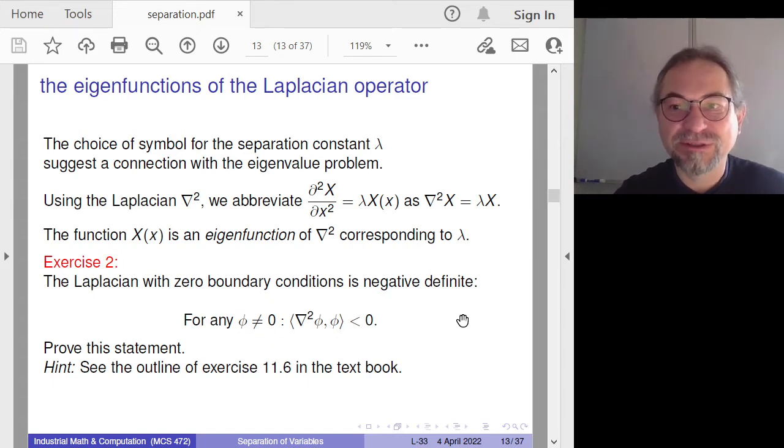We actually now look at functions. The solutions that we are going to find are called eigenfunctions. So we will have many eigenvalues, actually infinitely many eigenvalues, and infinitely many corresponding eigenfunctions.